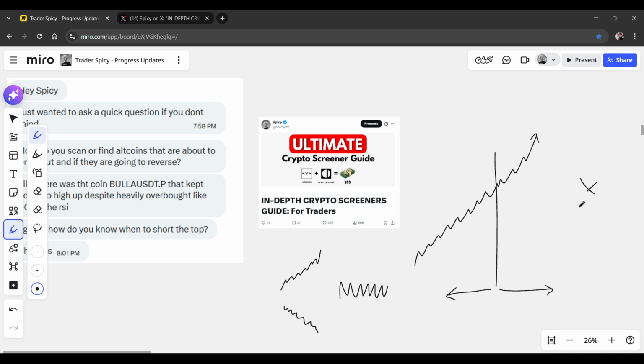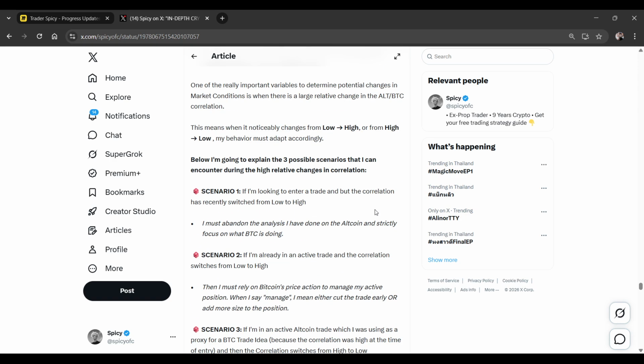Because if you're trying to short the top, you're betting on a change in conditions rather than betting on nothing changing, which means that you need to be looking for something really specific to show you that the conditions are maybe starting to change.